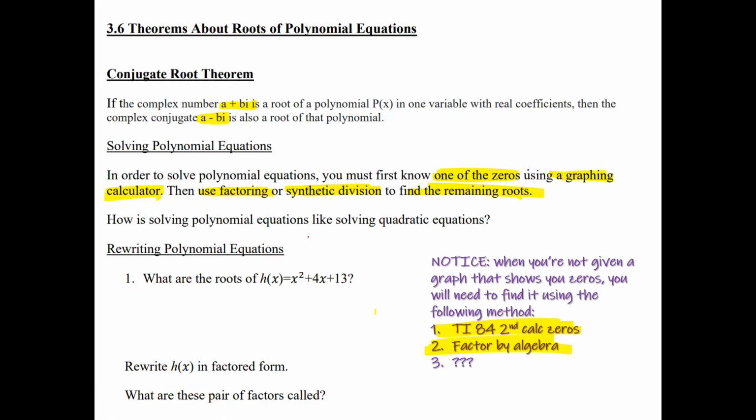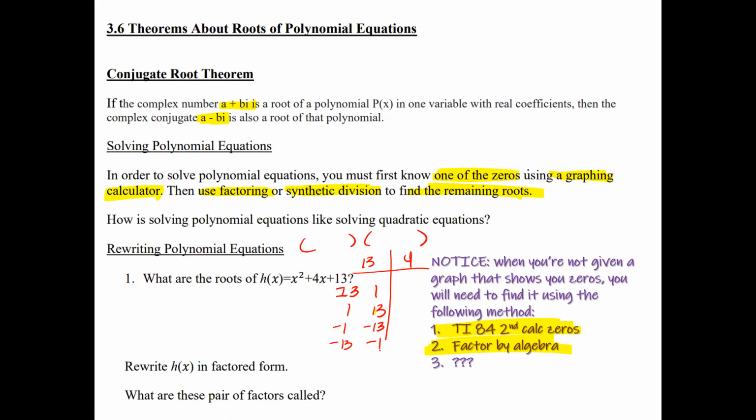Looking at this right here, remember, if you're factoring it, your last number here is 13. Your middle number is 4. Let's see what are all the factors of 13 that can give me a 4. That could be a positive 13 and 1, 1 and 13, negative 1 and negative 13, negative 13 and negative 1.